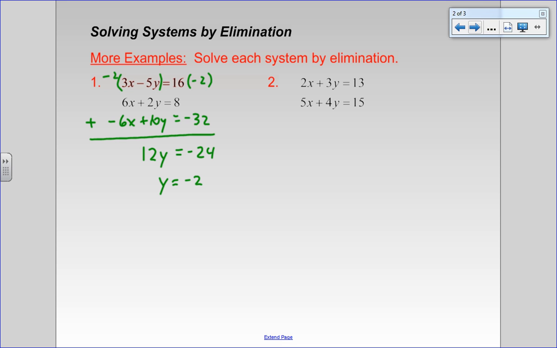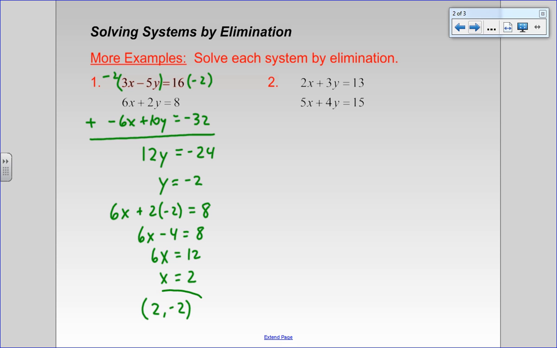And then finally, we can substitute back into one of the original equations to find the value of x. Let's use the second equation, 6x plus 2 times negative 2 equals 8, or 6x minus 4 equals 8. Add 4 to both sides, and divide both sides by 6 to obtain x equals 2. Thus, the solution to this system is the ordered pair 2, negative 2.